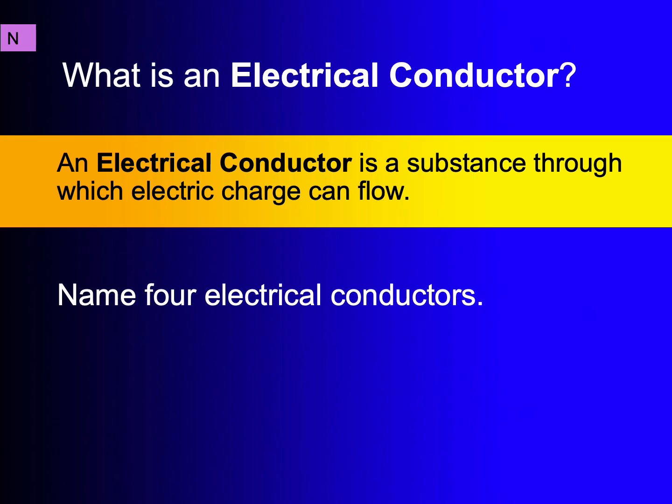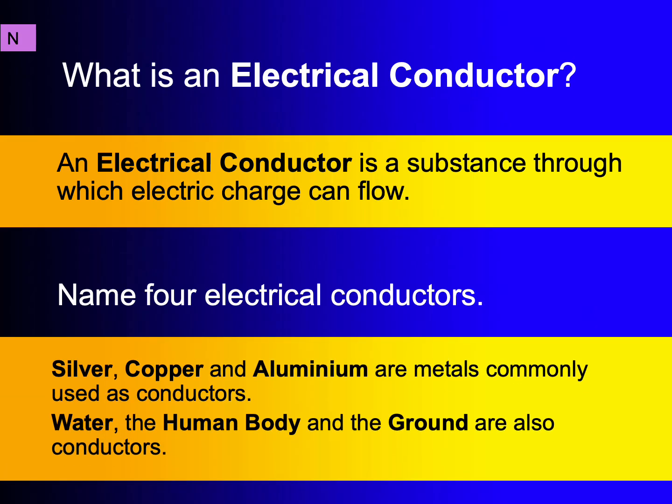Common examples are any type of metal, silver, copper, aluminium, they're all conductors. Water is a conductor. The human body, your skin, we are conductors, poor conductors, but we're conductors, and the ground. Alright, so I'm going to get you to note your definition and take two examples.